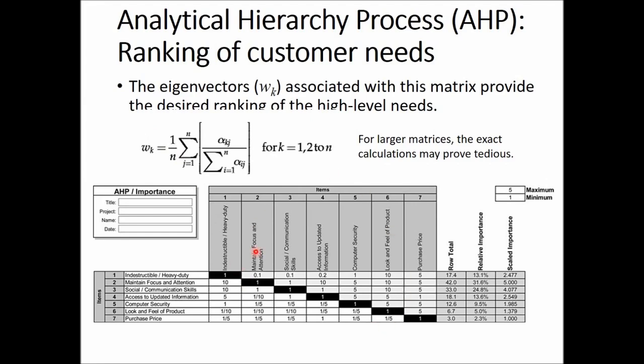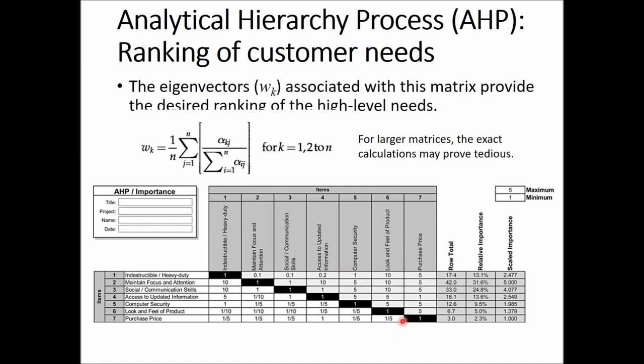And one such example is like this. For this learning system development, this matrix gives you an idea about how this AHP process works, and you find out the scaled importance value over here based on the numbers that you get here.